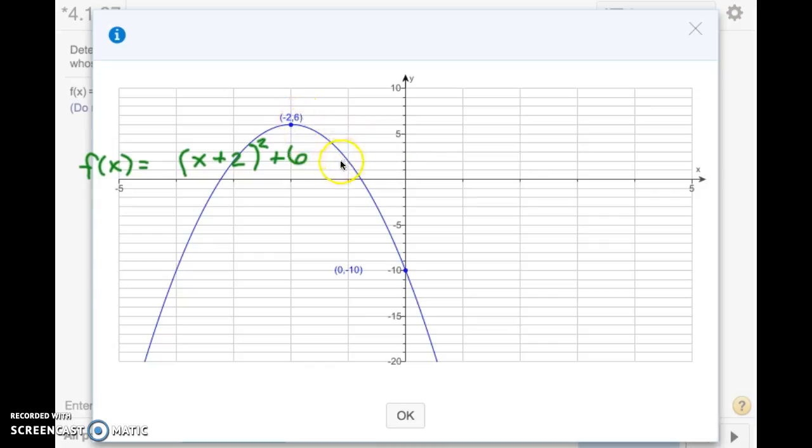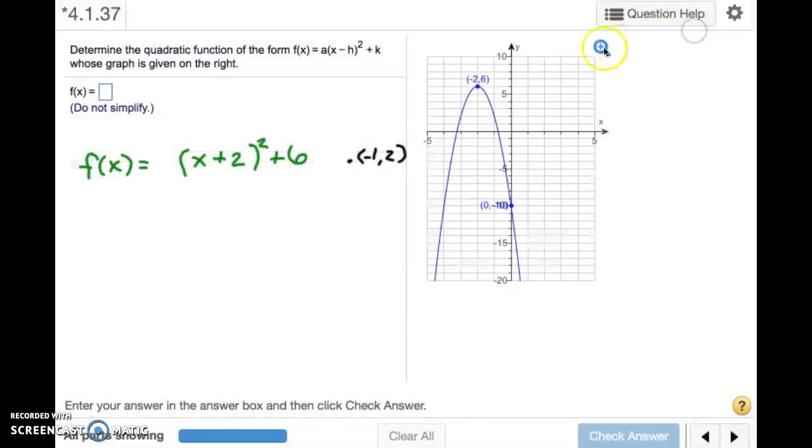The difference in the y value, I go from 6 down to 2. So I am subtracting 4. So my a value, because my graph opens downward, is going to be -4.